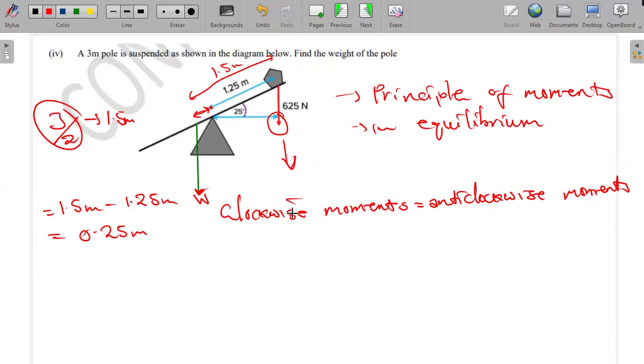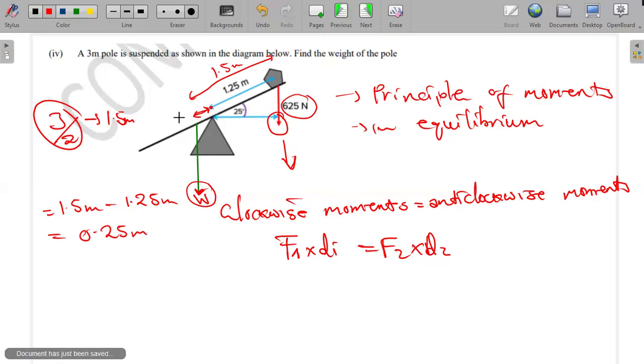So the clockwise moment is equal to force 1 multiplied by distance 1, being equal to force 2 multiplied by distance 2. The first one, the clockwise moment, is the 625 newtons, and the distance from the pivot to where the force is acting is 1.25 meters. Then on the anti-clockwise side, we have our weight and the distance from the pivot to where the center of mass is located.